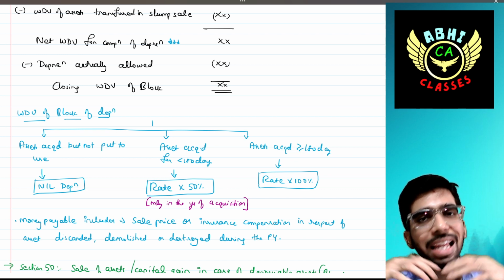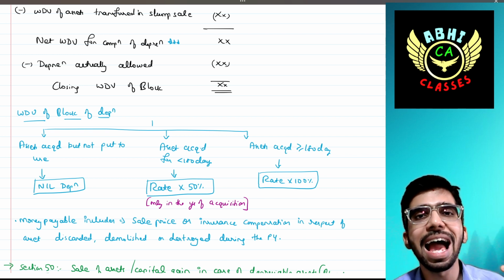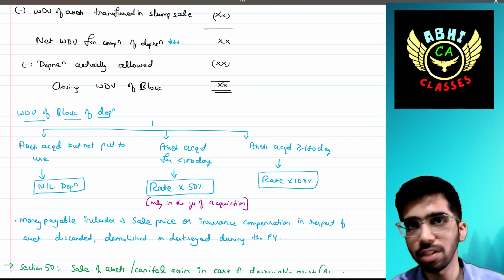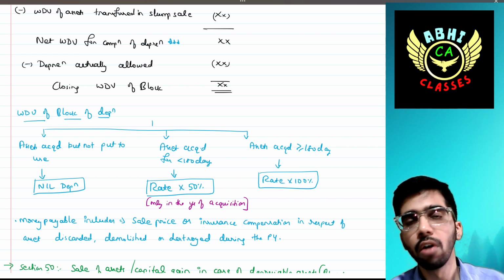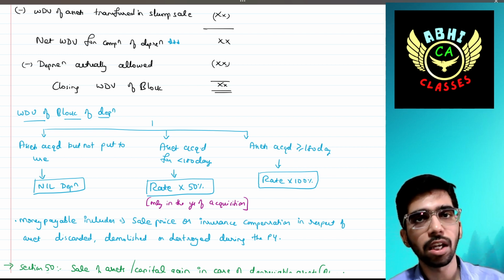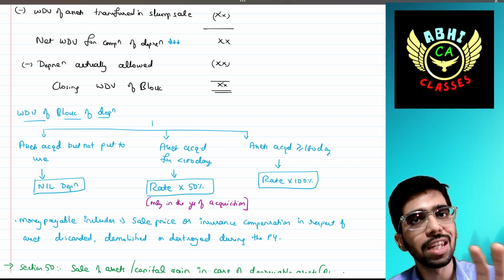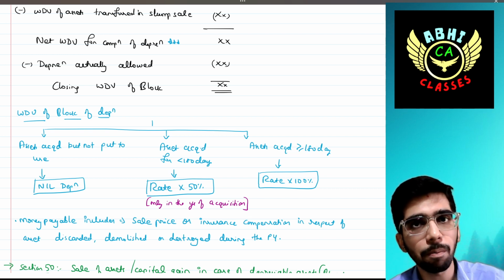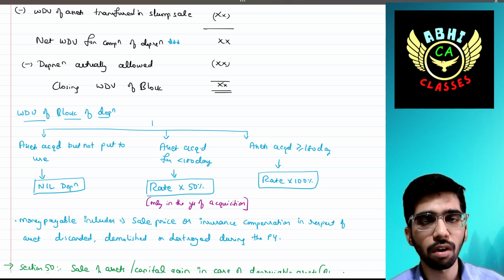In other words, full depreciation will be charged, that is 15% of the cost of the asset will be charged as depreciation. For put to use less than 180 days, then 7.5, that is 15% का 50% होता है, 7.5 percent of the cost of the asset would be charged as depreciation.